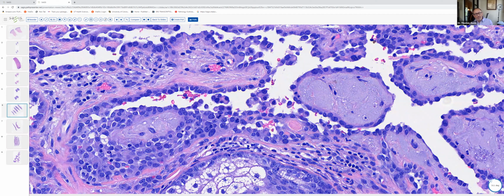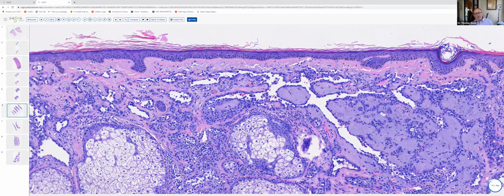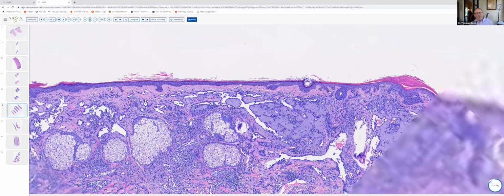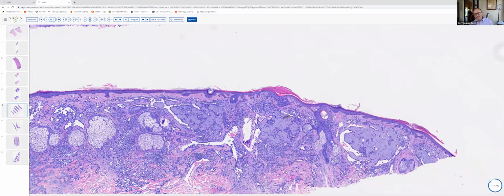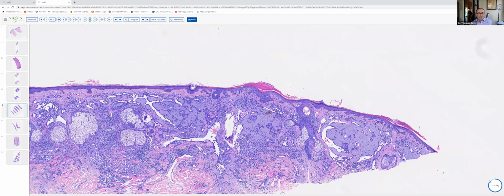The nuclei are very hyperchromatic. They're beginning to jumble up and fill the lumen. And again, we've got these very crack-like or jagged vascular spaces dissecting between collagen bundles on severely sun-damaged skin of the head or neck, which is, of course, a classic location for angiosarcoma.